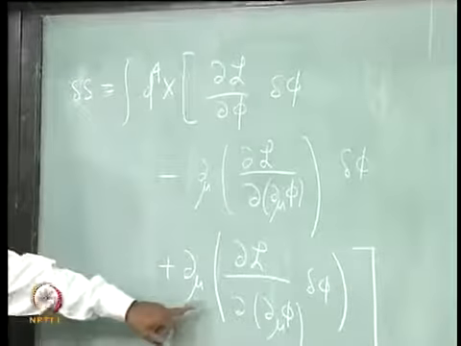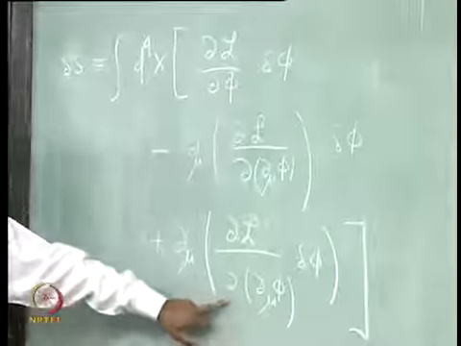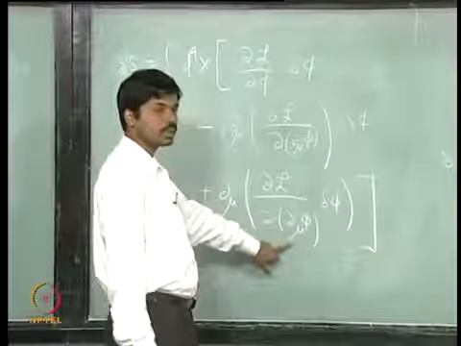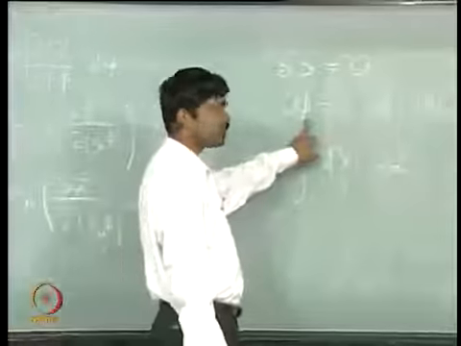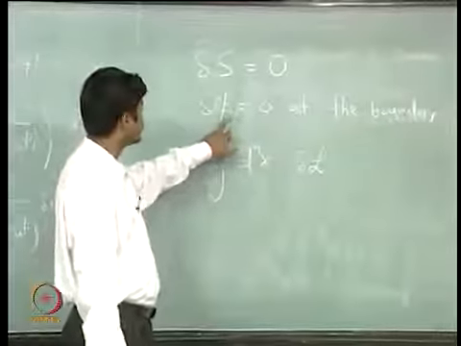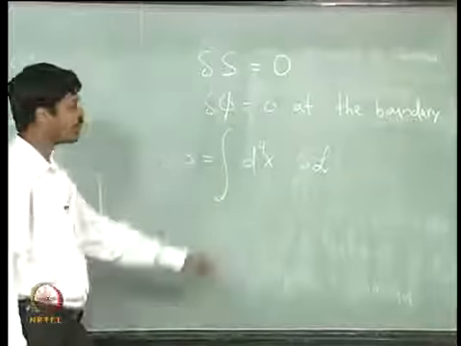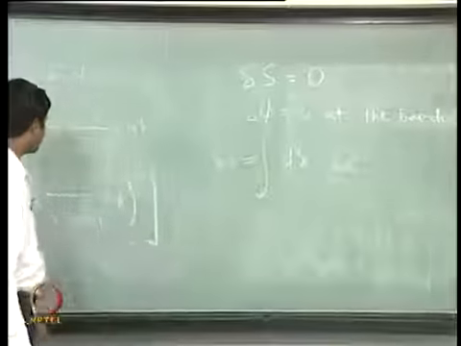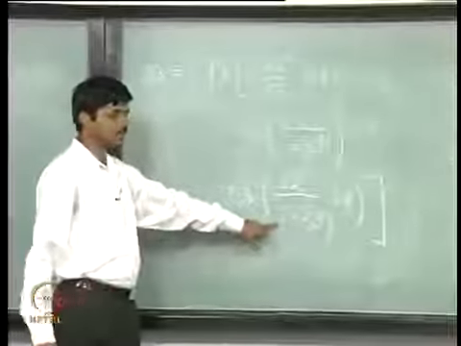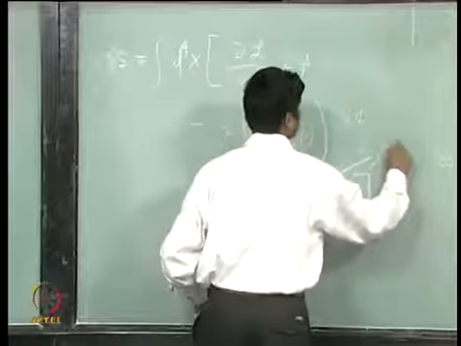Let us now focus on the last term. You can see that this will give you a surface integration. However, here we are imposing the boundary condition that the variation of the field is 0 at the boundary. So, when we use this condition, this term will vanish. So, the last term in this equation becomes 0.